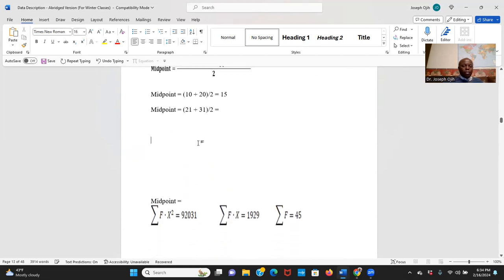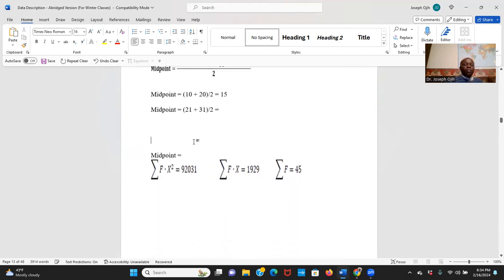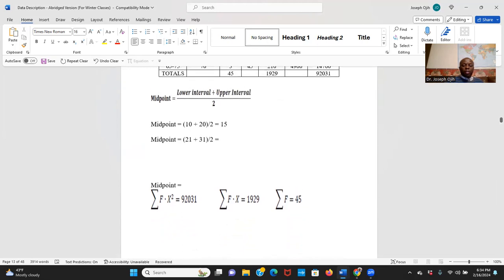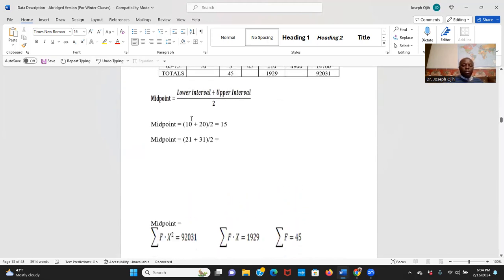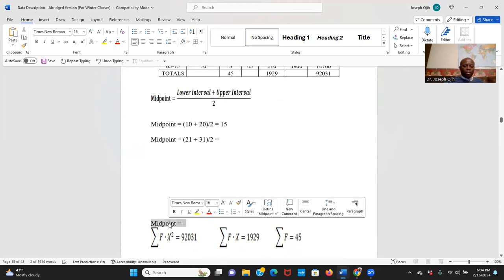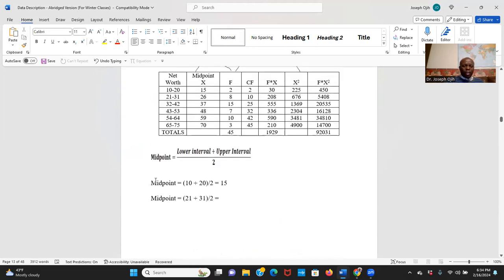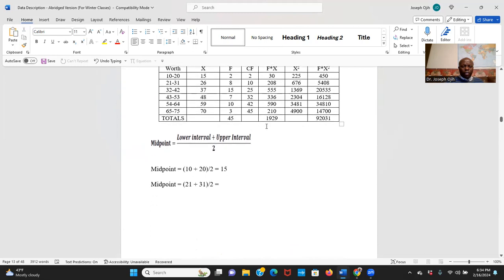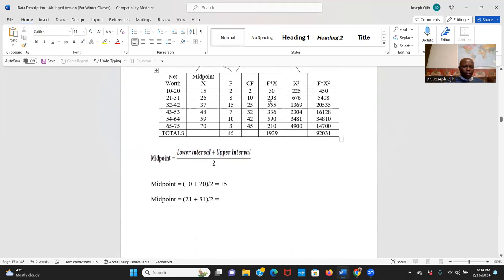Now for grouped data, to find the mean, we already have the total frequency and then the frequency times x. So I'm gonna go and get the formula in the other workbook so I can put it in here.